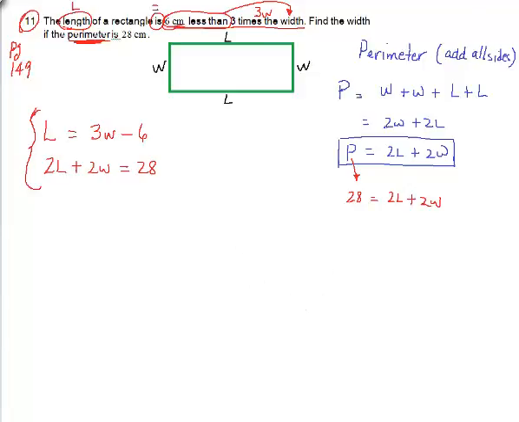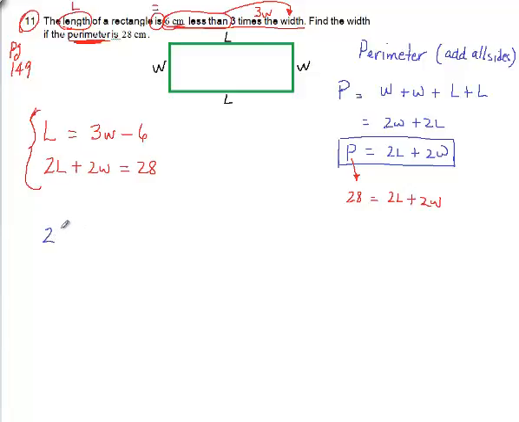When you have a variable isolated, L here is already isolated in the top equation. Isolated means it's by itself. If it's already isolated, then the easiest method to use is substitution. Take 3W minus 6 and substitute it into the other equation for that variable, in this case L. So watch this step.